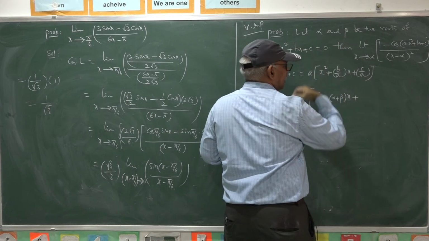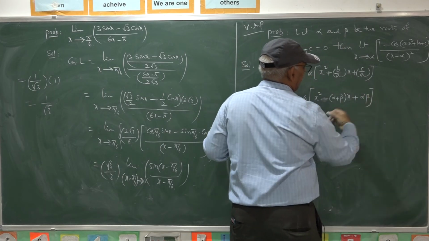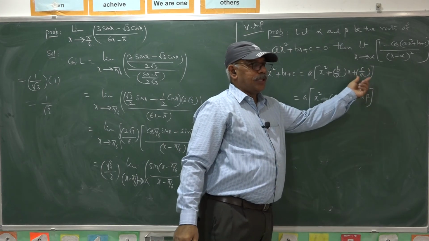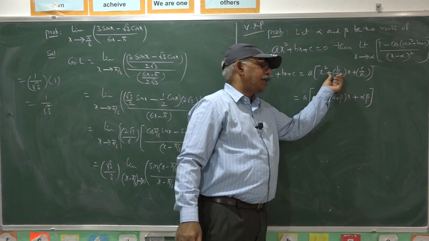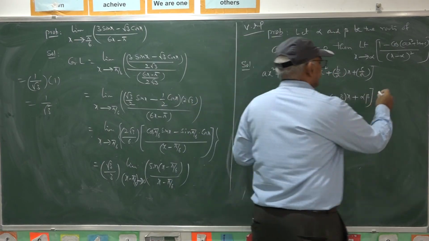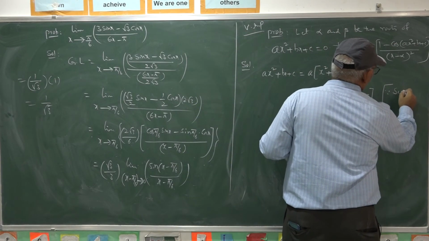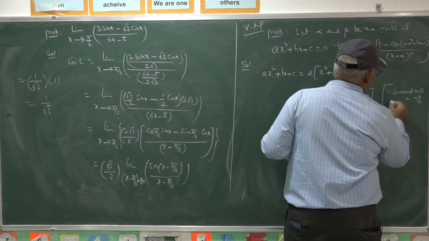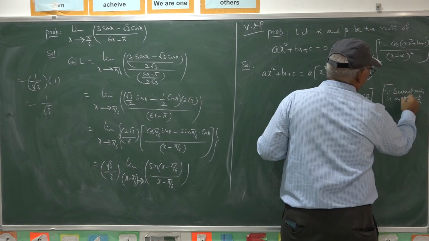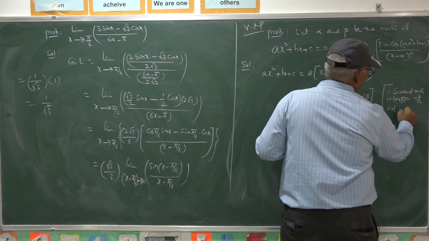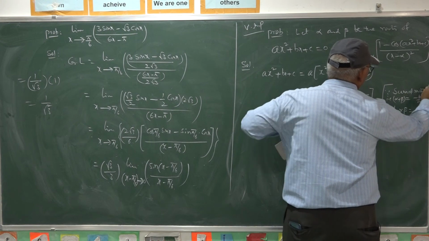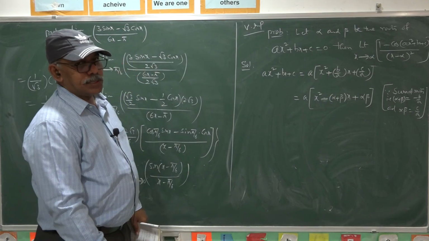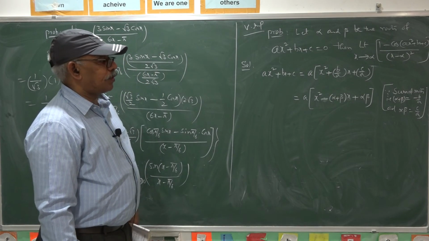C by a is the product of the roots, alpha beta. I introduce alpha beta instead of c by a, and minus of alpha plus beta instead of b by a, since the sum of roots is minus b by a, that is alpha plus beta, and the product of the roots alpha beta is c by a.